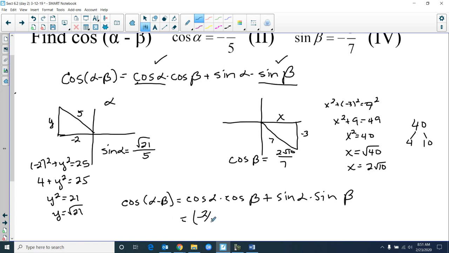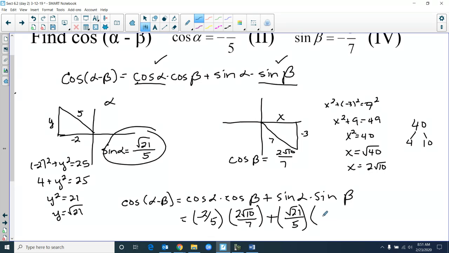Replaces the whole thing. Cosine beta down here, 2 square root of 10 over 7, plus sine alpha over here, square root 21 over 5. Sine beta, negative 3/7.